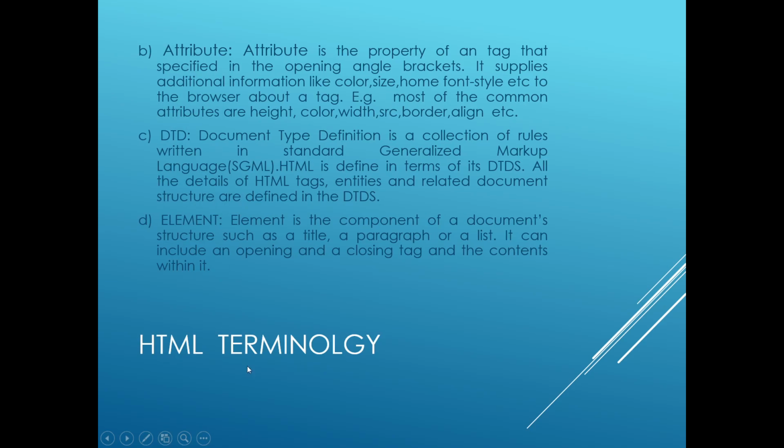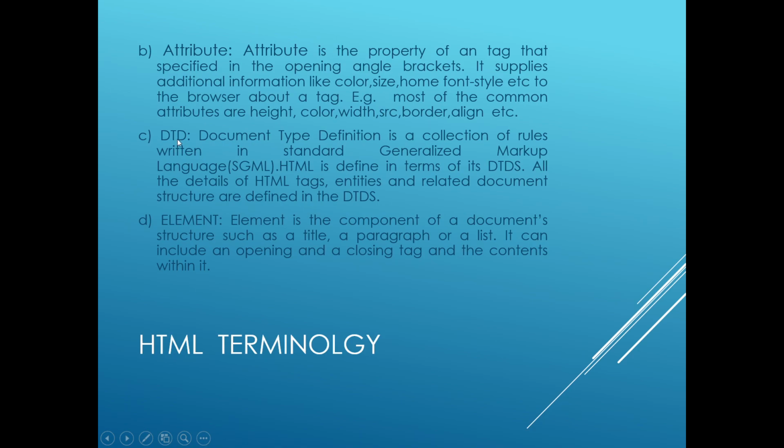Let's discuss some more terminologies of HTML: attribute, DTD, element. Let's discuss attribute. An attribute is the property of a tag that is specified in the opening angle brackets. It supplies additional information like color, size, font, style, etc. to the browser about a tag. For example, we can see here, some of the common attributes are height, color, width, source, border, align, etc. DTD.